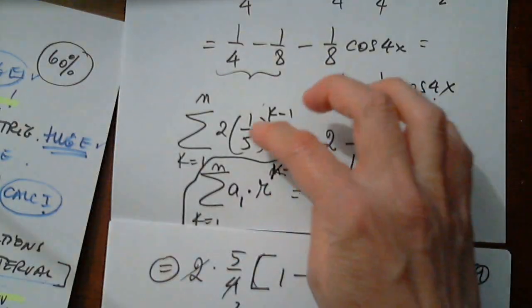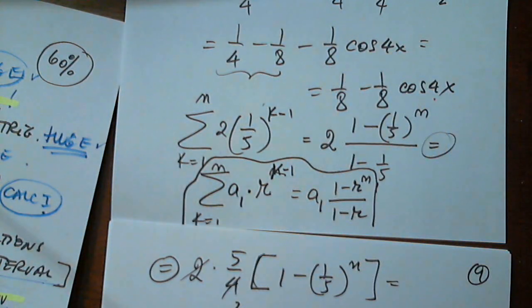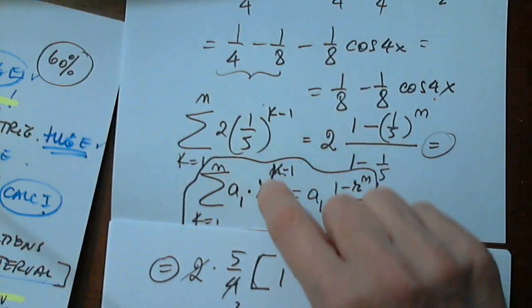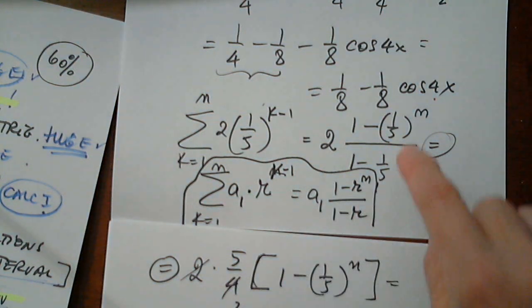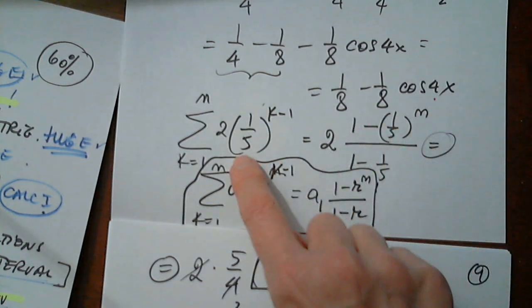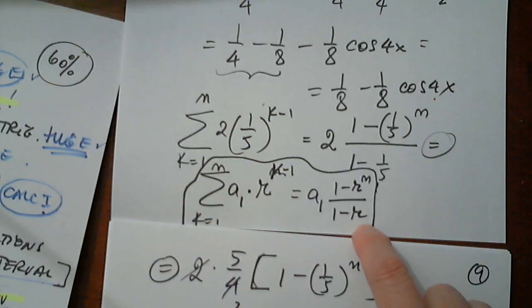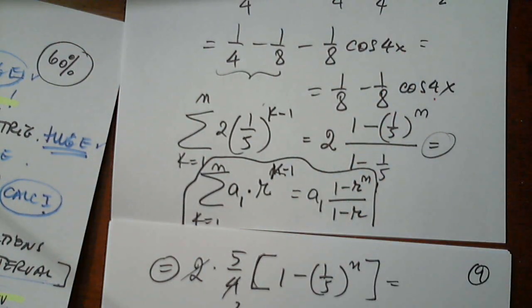The common ratio is exactly at the power, it is not k or k plus 1, so I don't have to make any modifications. Everything is the same. I identify the common ratio to be 1/5, and then I put 1/5, 1 minus 1/5 to the nth power. The denominator is 1 minus the common ratio to power 1. I perform this, I flip, and that's it. 2 lines.